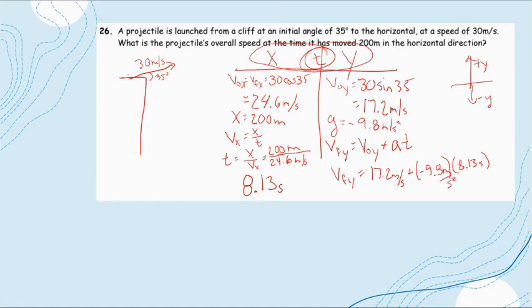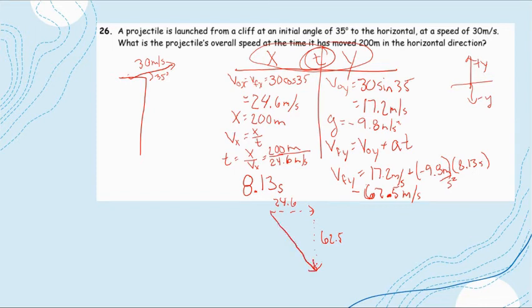If you think about it, that gravity is acting, so you're going to get a negative value. You're going to get this negative 62.5 meters per second. Okay, and then now I have 24.6 going this way, and then I have 62.5 going down. What is my resultant vector?